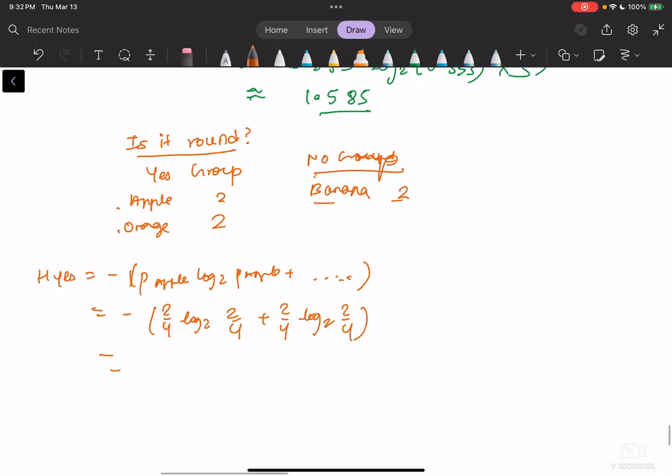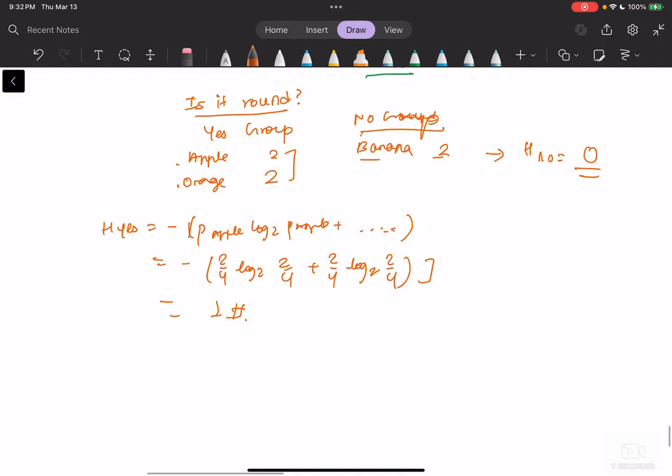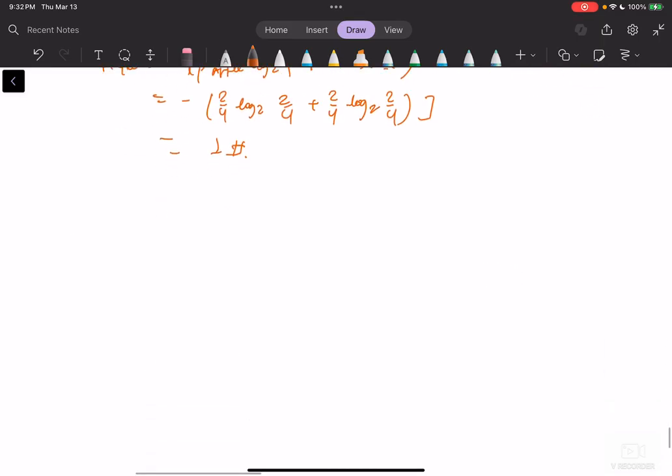I know this should be 1 because it's a perfectly mixed group, but feel free to verify it through calculation. And for the no group, our H no is just going to be 0, right? So that's how you calculate entropy before and after the split.